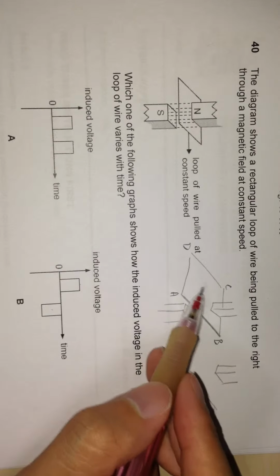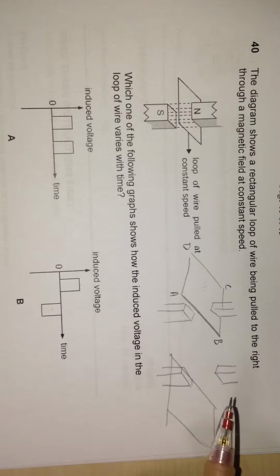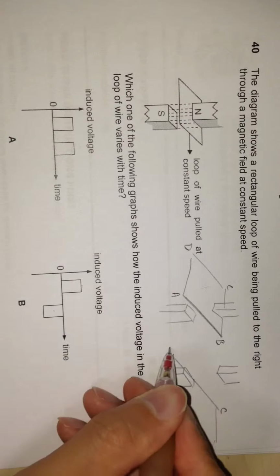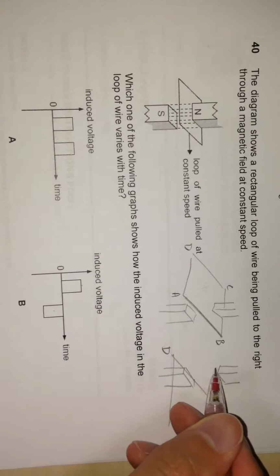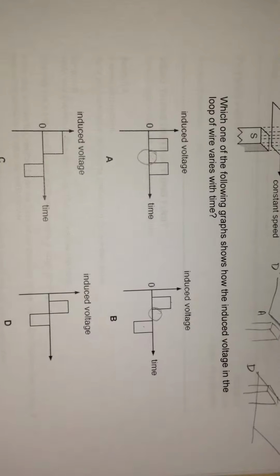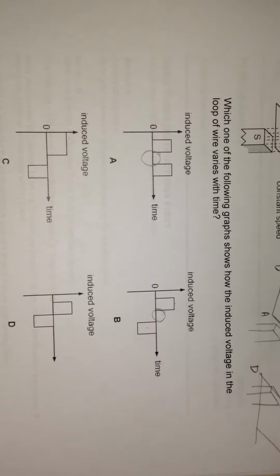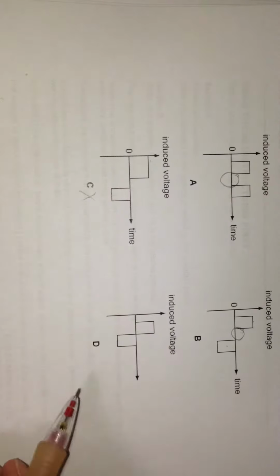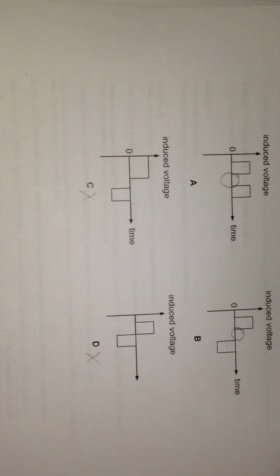It's not going to influence the wire in any way until the wire CD passes through this uniform magnetic field. So you would expect that there will be 0 volt as the loop of wire is traveling towards the right. So with this understanding, you can already eliminate C and D.